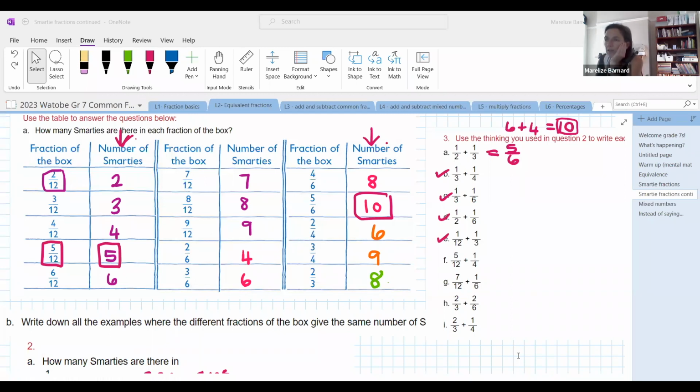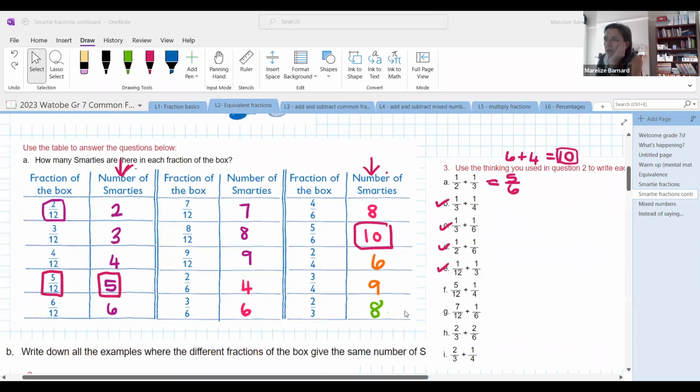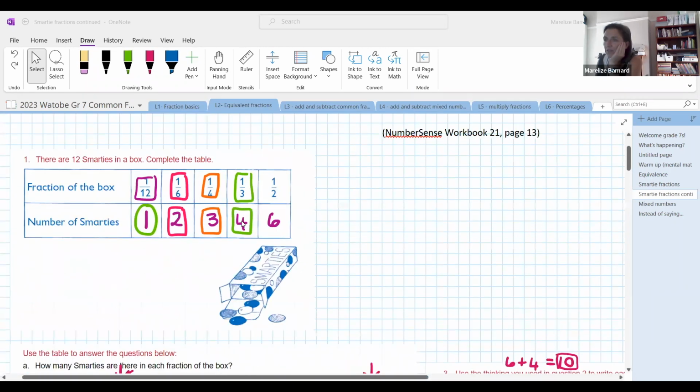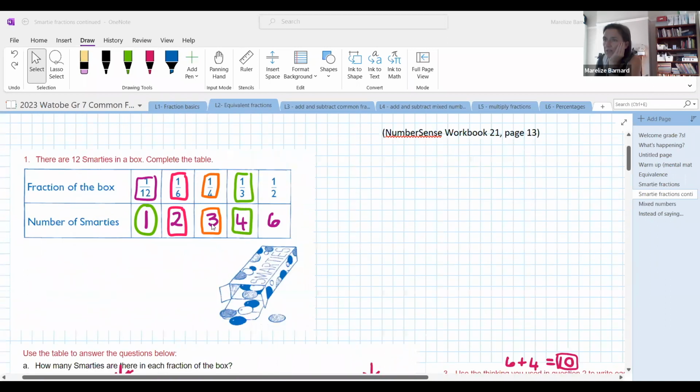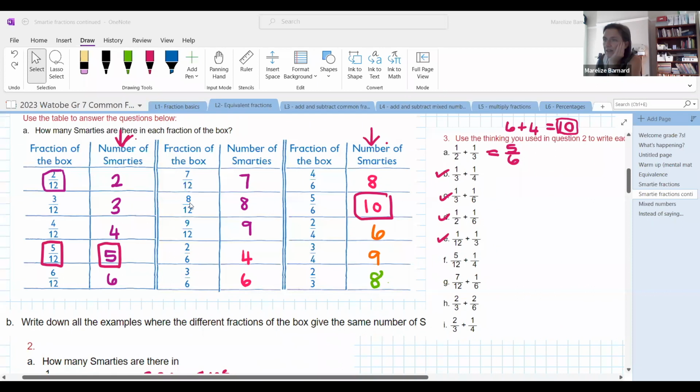So check what is 1/3 of the box. So 1/3 is going to be 4 Smarties plus 1/4. 1/3 and 1/4, that's 4 and 3. So that's 7 Smarties, and that is the same as 7/12.